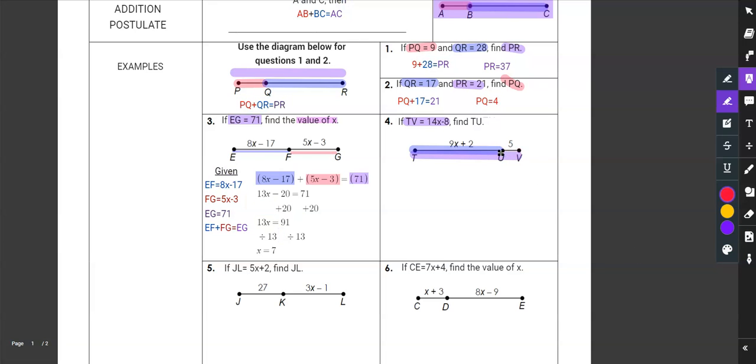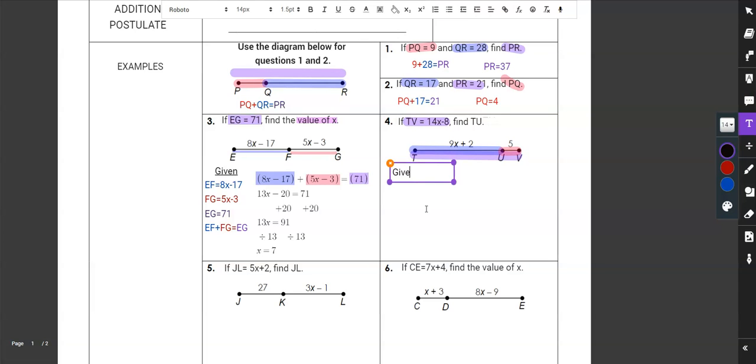So the first thing we're going to do is list our givens just like we did the previous time. Again, this is something you're going to want to do on every problem. And if you are interested in how I'm underlining, it is Control U, but you can also use the toolbar up in the top here. Our first given is that TU is 9x plus 2.